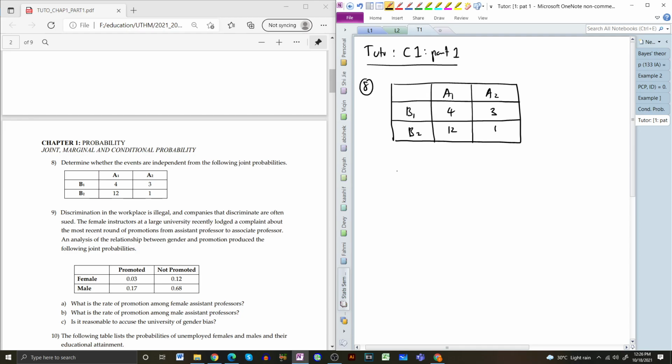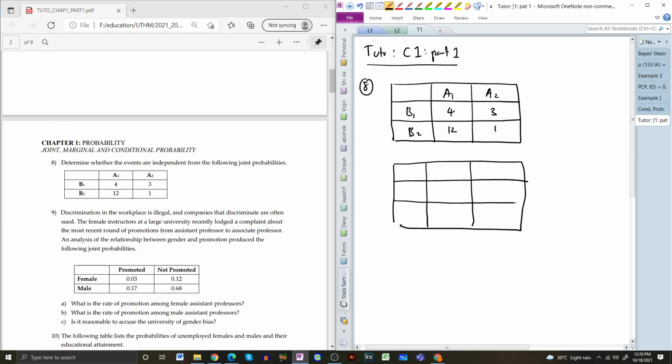Normally we want to find the joint probability, isn't it? So what you do, you change the frequency to probability. What is the total? You add all the frequencies. This is 7, this is 13, total is 20. So the probability of this one is 4/20. That will give you 0.2.